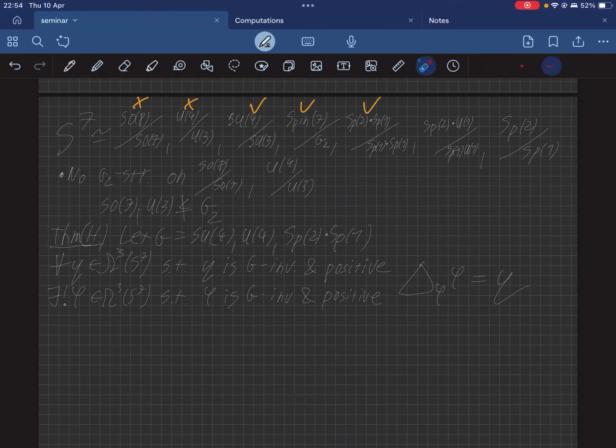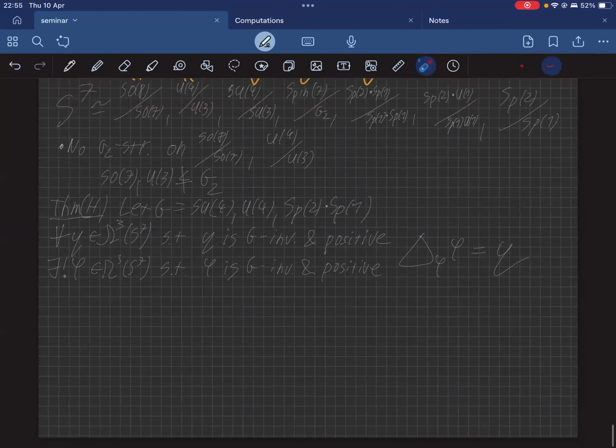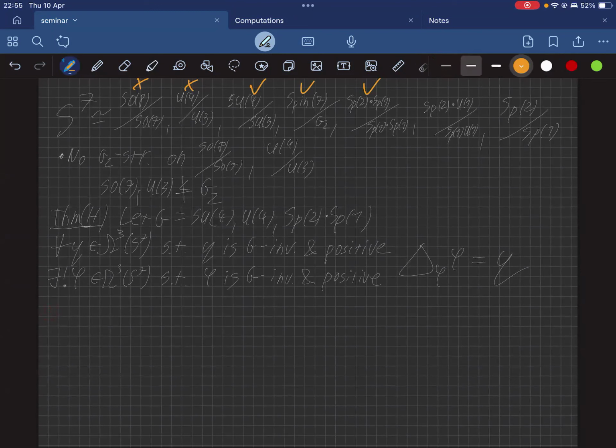If we consider the other case, Sp2 times U1 over Sp1 U1, we consider this homogeneous space. What actually happens is you get 4 equations with 4 variables. It doesn't seem that bad.